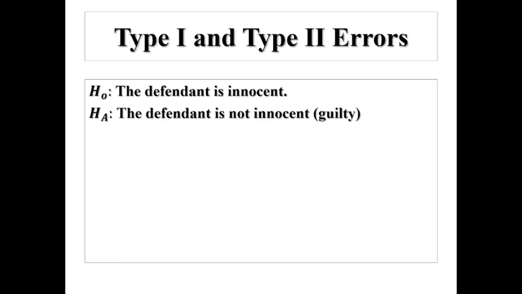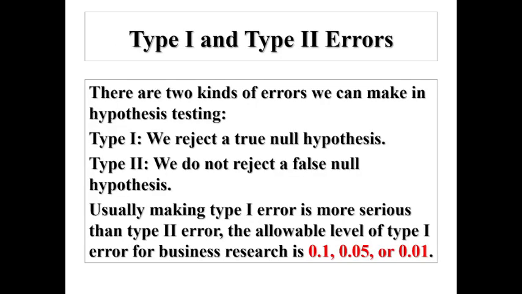Okay? Do you understand what I'm saying here? So now let me ask you, what is the type 1 error here? Let's go back to the definition of the type 1 error: reject a true null hypothesis. So remember, what is my null hypothesis here?